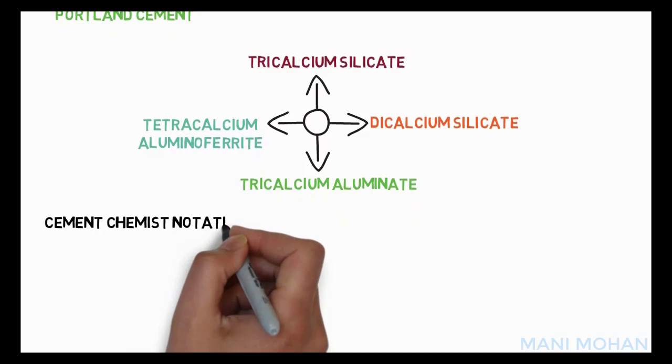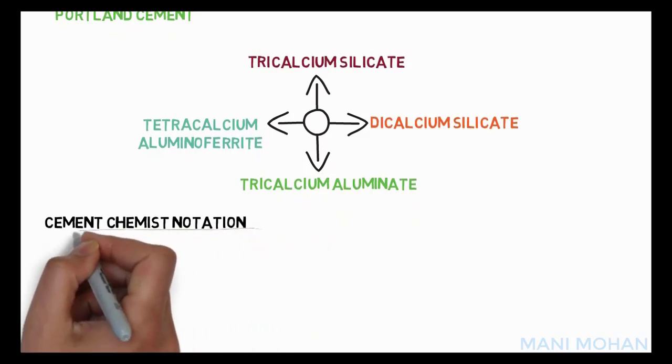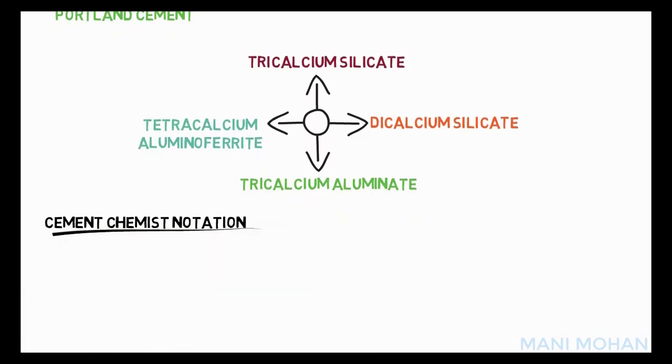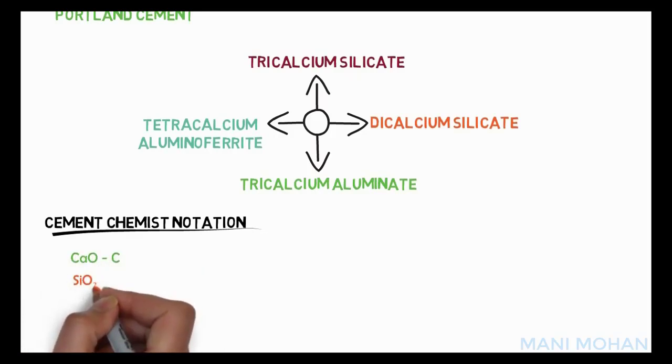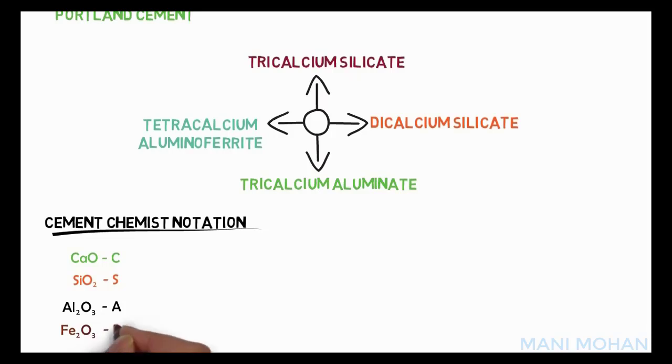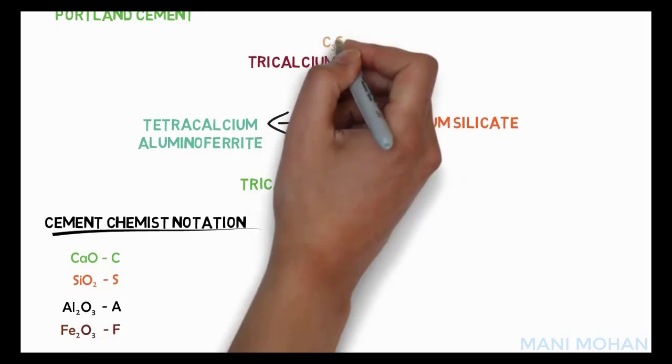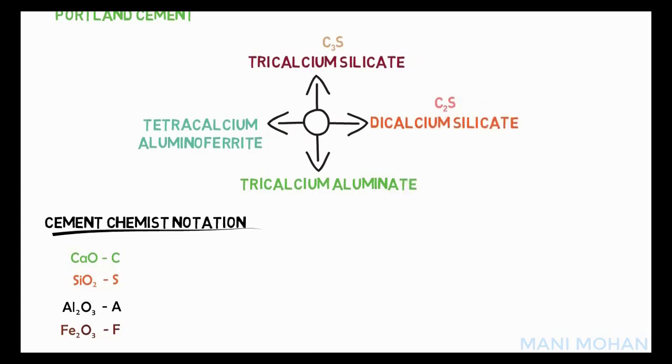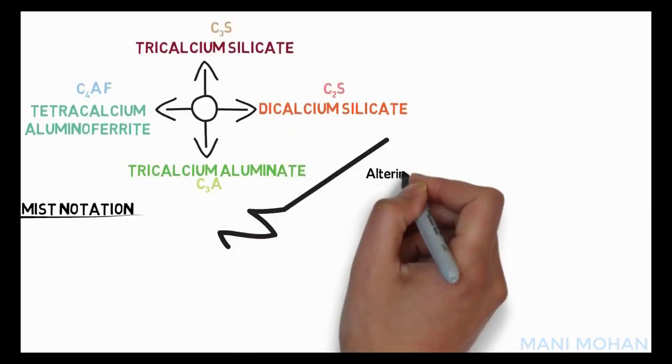As per cement chemist notation, lime or calcium oxide, that is CaO, is represented as C, silica or silicon dioxide is represented as S, alumina or aluminum oxide is represented as A, iron oxide is represented as F. So tricalcium silicate can be given as C3S, dicalcium silicate C2S, tricalcium aluminate C3A, tetracalcium aluminoferrite C4AF.